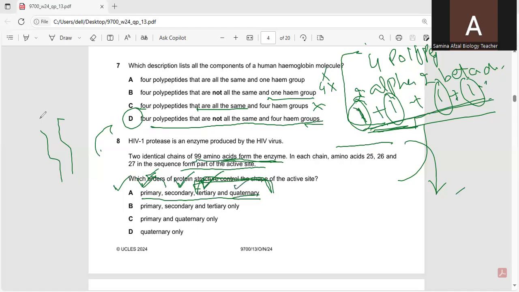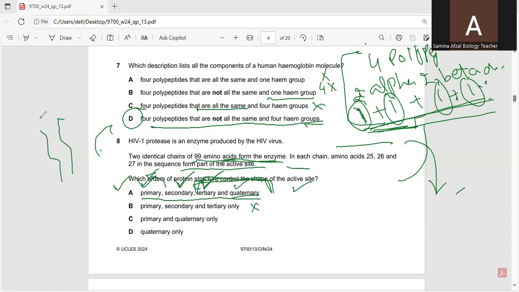So when there is an enzyme and there are two identical chains, all these four types of protein structure are involved for its maintenance. So A, primary, secondary, and tertiary only, can be the correct option? No, it will not give the complete structure.